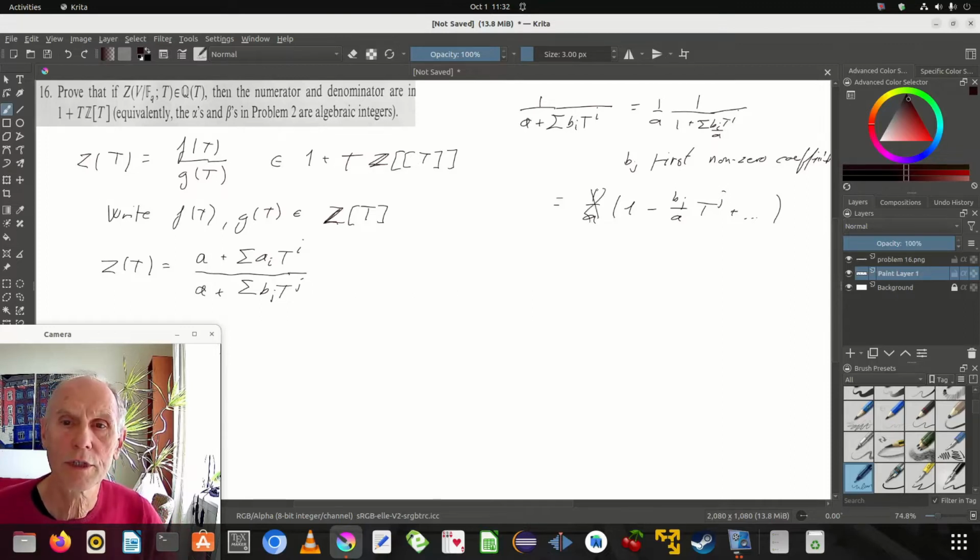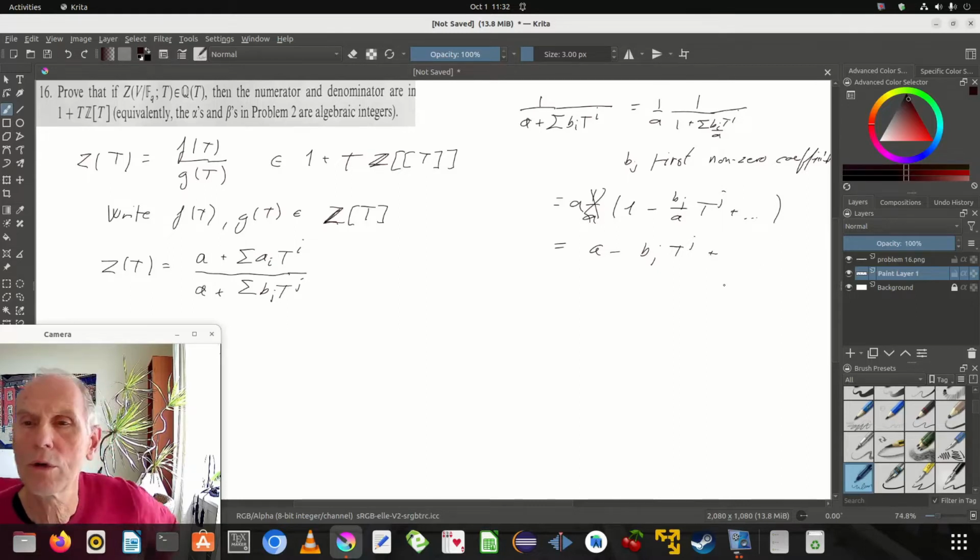This is of course just a. So it's a minus bj t to the j plus higher order terms. So this one comes out nicely. I don't see that will give us any problem.